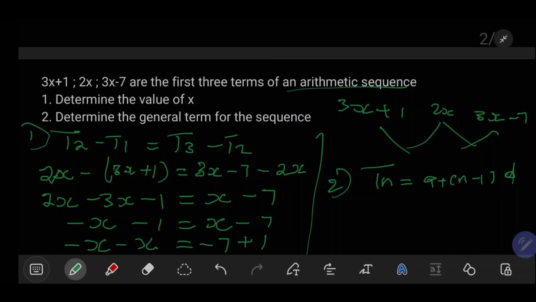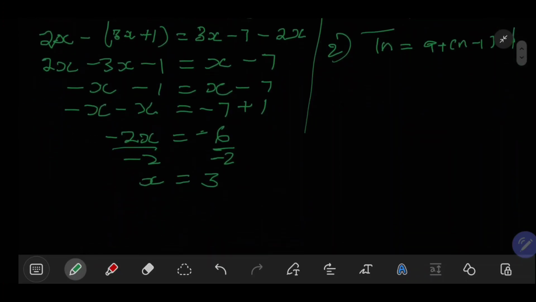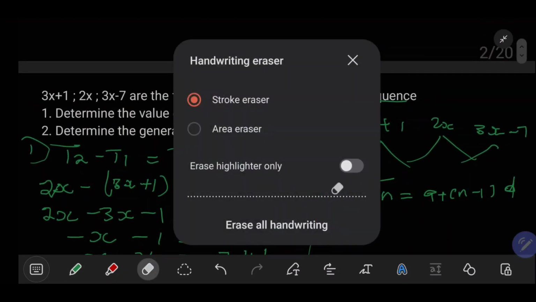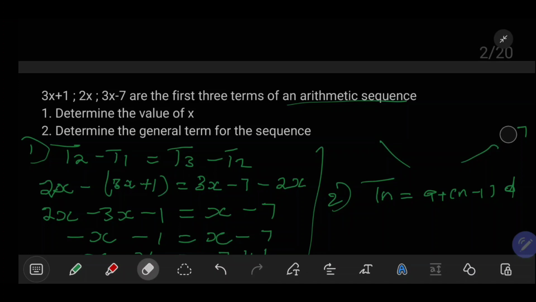No. Do we know our difference? No. But we know the x value to be 3. So it means we can substitute the x value here to obtain the numeric a value or the numeric first 3 terms.